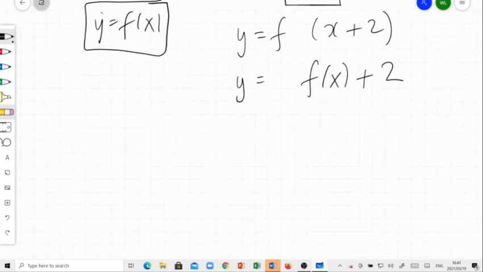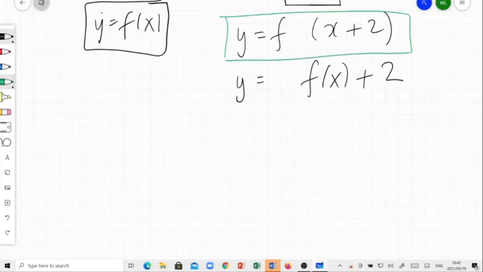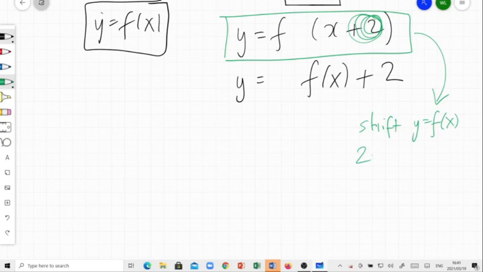Okay, so notice that here, if I have something like y is f of x plus 2, what I do here is that if this guy is a positive quantity, I go counterintuitive and I shift the well-known graph of y equals f of x 2 units to not the right, but to the left.